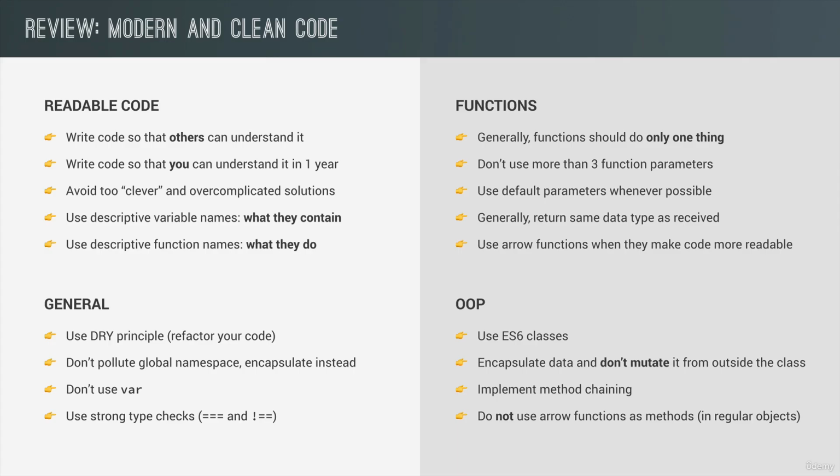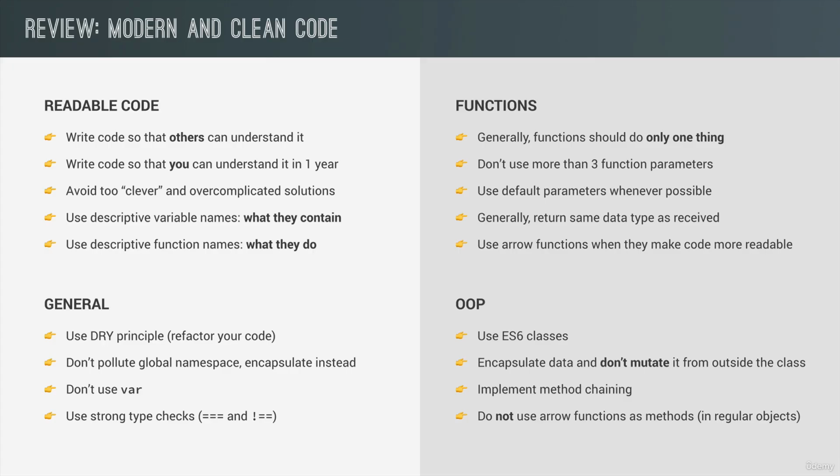Now, when designing your classes, make sure that you encapsulate any data that shouldn't be accessible from the outside so that you don't mutate that data from outside the class. Probably you will still need to at least manipulate some data that's in the class, but for that, you should then implement a public API, so basically a couple of methods that can manipulate that data exactly as you want that to happen.